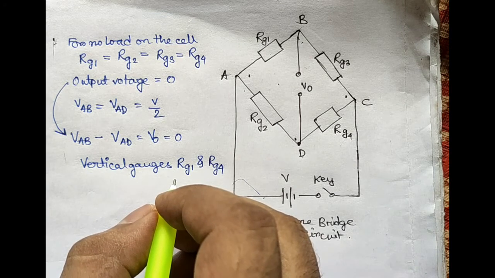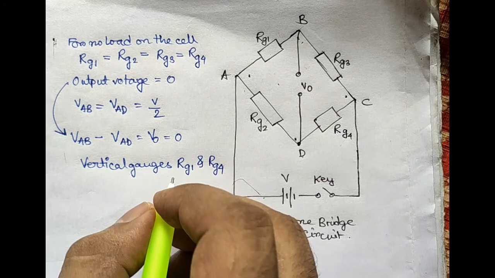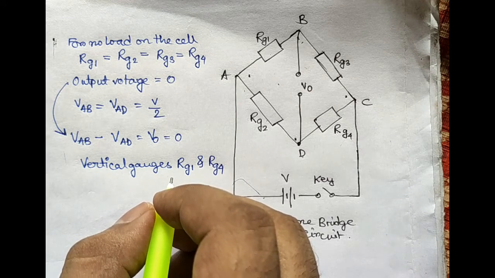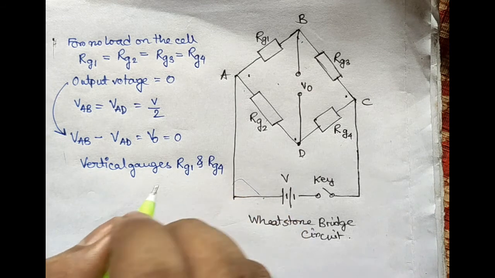So when there is a compressive load on the unit, the resistance decreases.